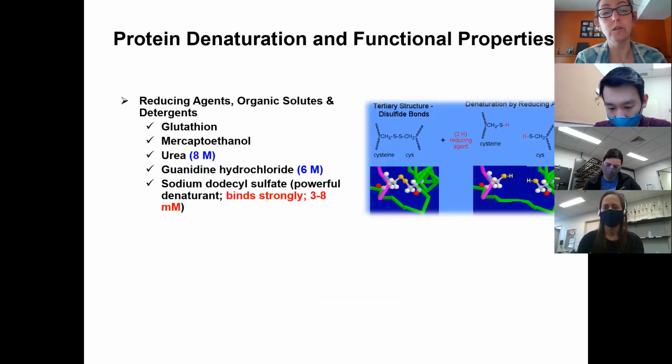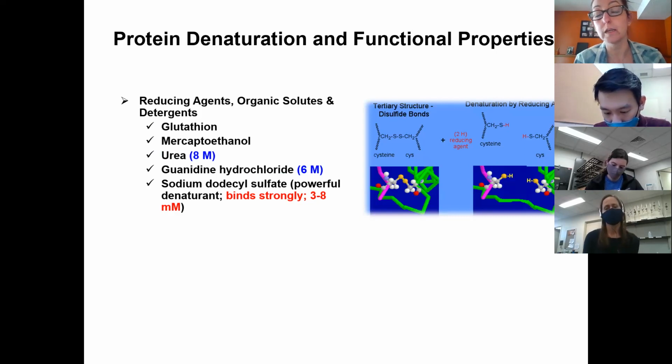Other denaturing agents, reducing agents. We talked about mercaptoethanol, which is a reducing agent; glutathione is a reducing agent; cysteine is a reducing agent. So it basically breaks down the disulfide linkages. We have urea, for example, and guanidine hydrochloride.